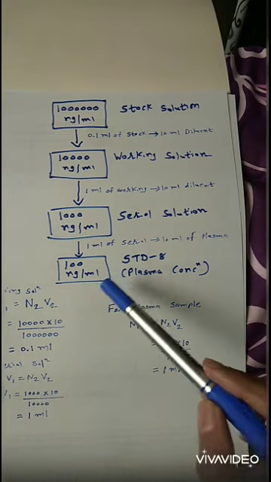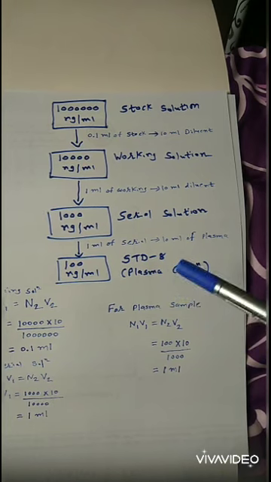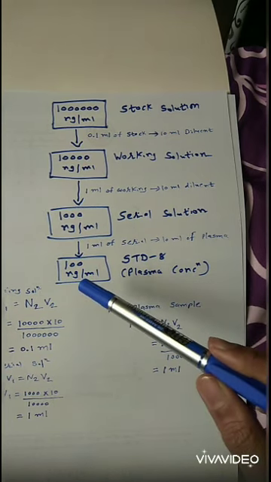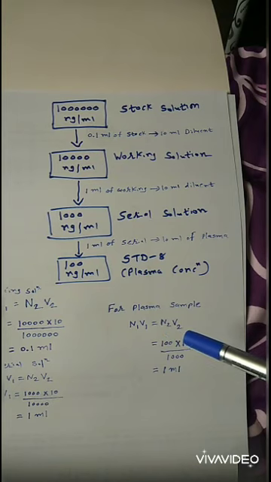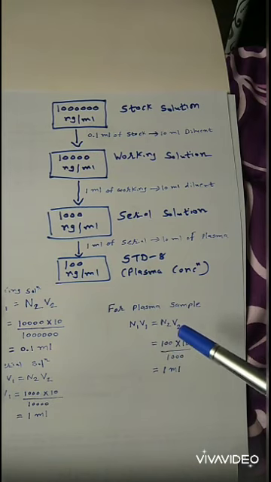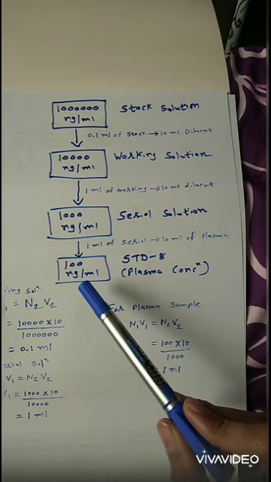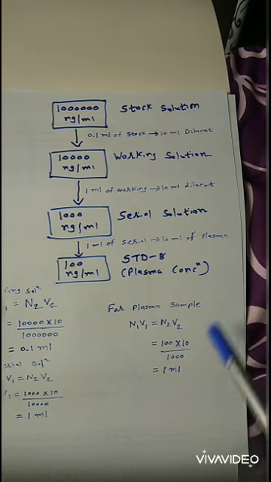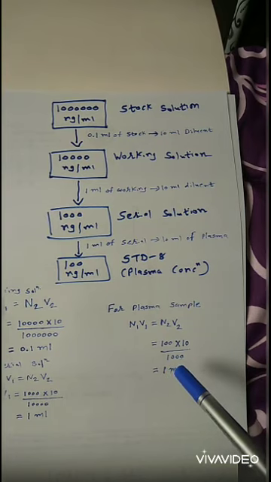So to prepare 100 nanogram per ml of standard 8, as I explained previously, our standard 8 is 100 nanogram. So how can I prepare this standard 8? The same equation applies for plasma samples also: N1V1 is equal to N2V2. Now our N2 is 100 nanogram per ml, and we will take 10 ml of plasma. So here I keep 10 ml, and here 1000, that is the initial concentration of the serial solution.